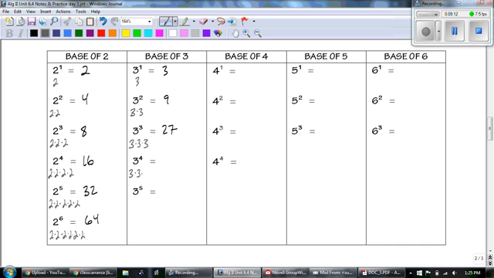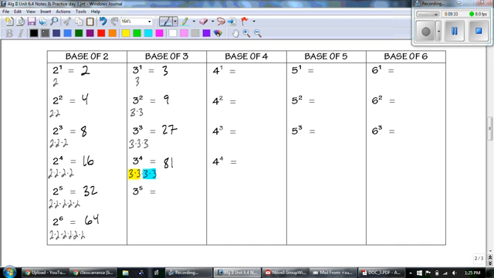So now we have 3 times 3 times 3 times 3. Now I know this might be kind of hard to see, but it's 3 times 3 is 9, and 3 times 3 is 9. So that's really 9 times 9, which gives us, good, 81. Sometimes it's easier to kind of break those up to see what they are.